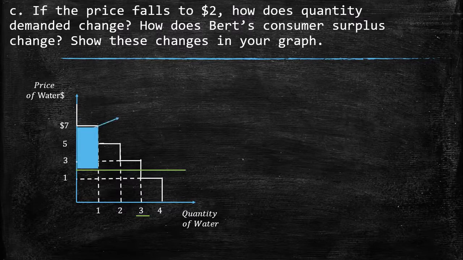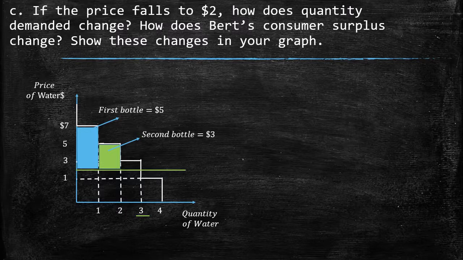For the first one, there is a consumer surplus of 5, because Bert will pay even $7, but actually Bert has to pay just $2, so it's a $5 consumer surplus. For the second bottle, Bert will pay even $5, but Bert will pay $2, so it's a $3 consumer surplus.